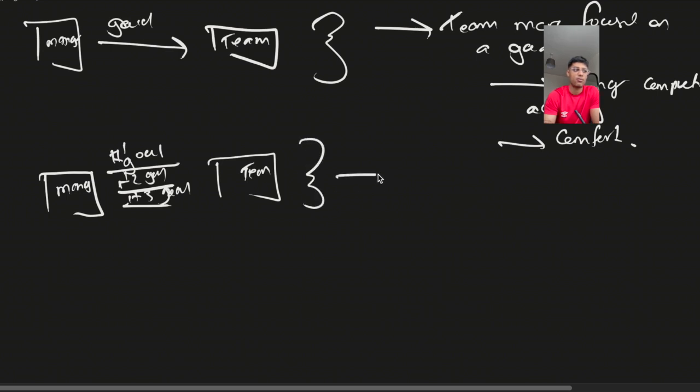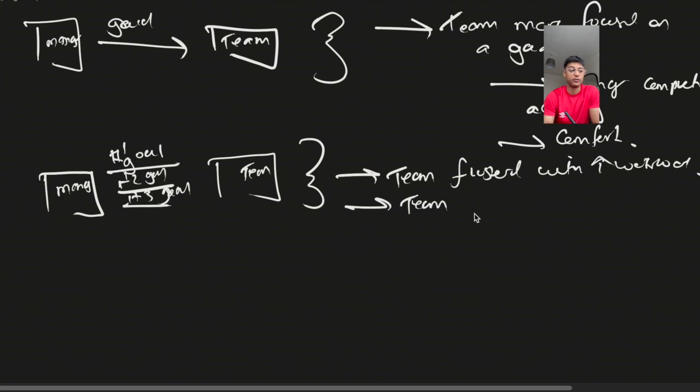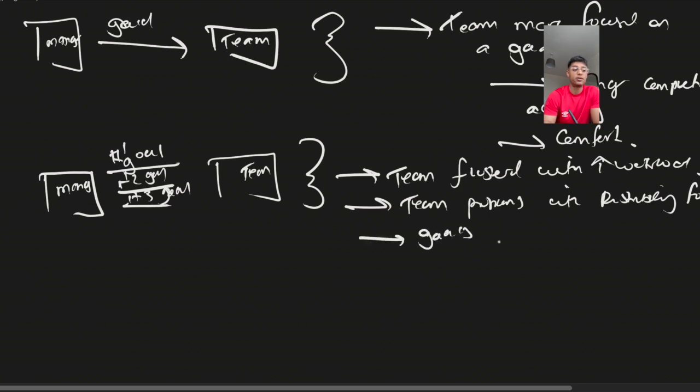More specifically, how the team could get flustered with increased workload, how the team could have problems with distributing their focus, and goals may not be completed to full capacity. And so on.